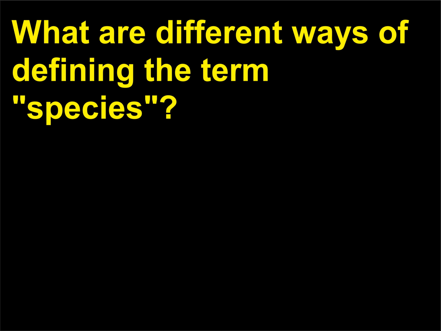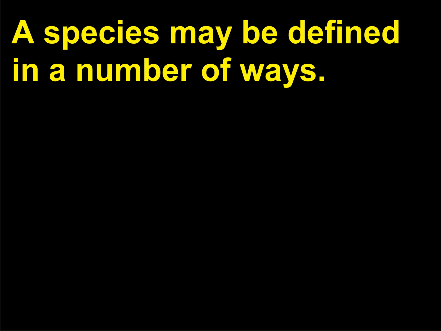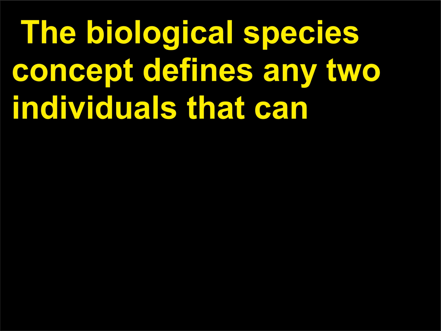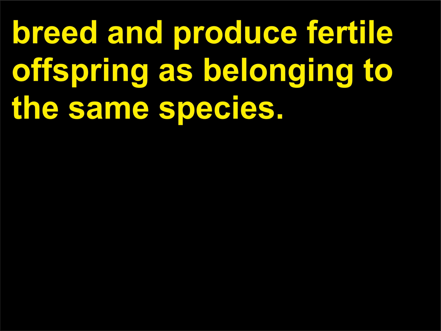What are different ways of defining the term species? A species may be defined in a number of ways. The biological species concept defines any two individuals that can breed and produce fertile offspring as belonging to the same species.